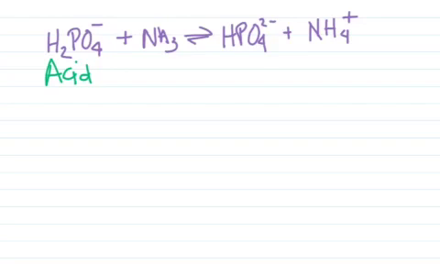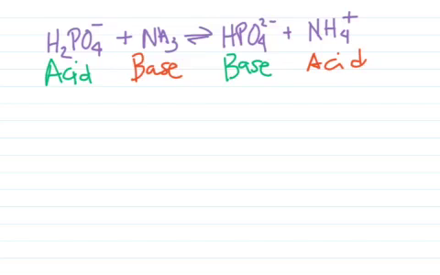Now on the product side, this molecule is our base. Looking back at the reactants, because we have our acid, that means ammonia needs to be our base. And on the product side, ammonium is the conjugate acid.